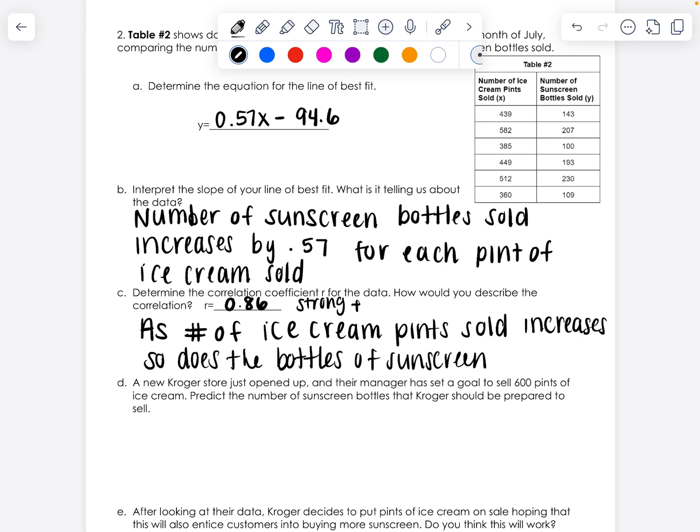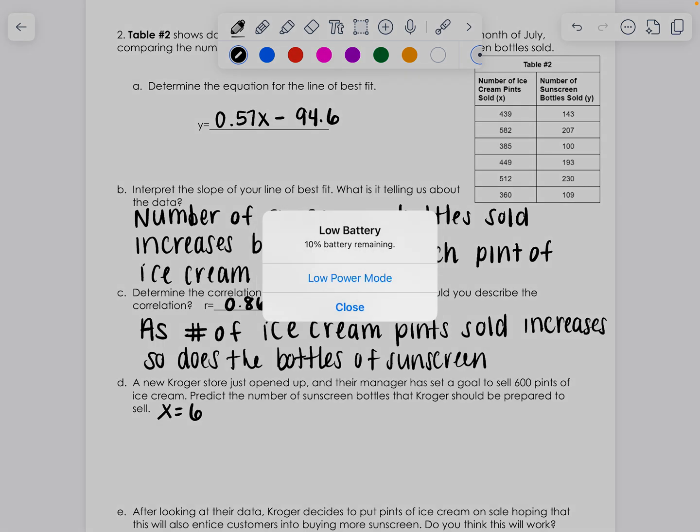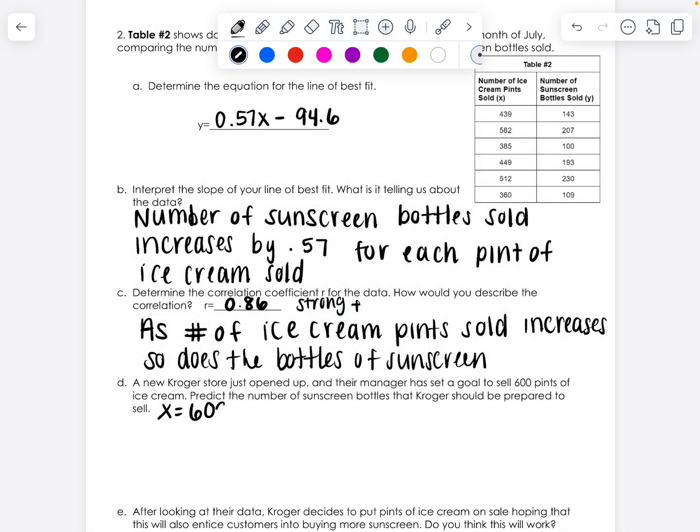All right, letter D says, a new Kroger store just opened up and their manager has set a goal to sell 600 pints of ice cream. Predict the number of sunscreen bottles that Kroger should be prepared to sell. So if ice cream is X, that means we're plugging in 600 for X. So we get y equals 0.57 times 600 minus 94.6.